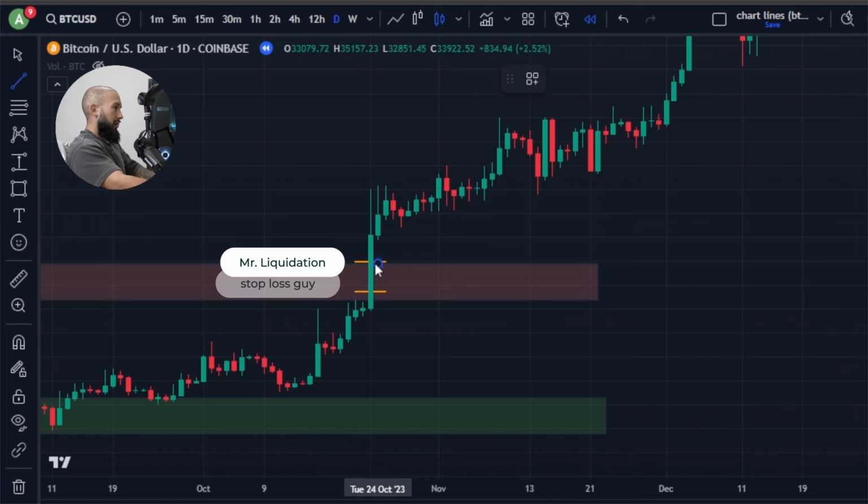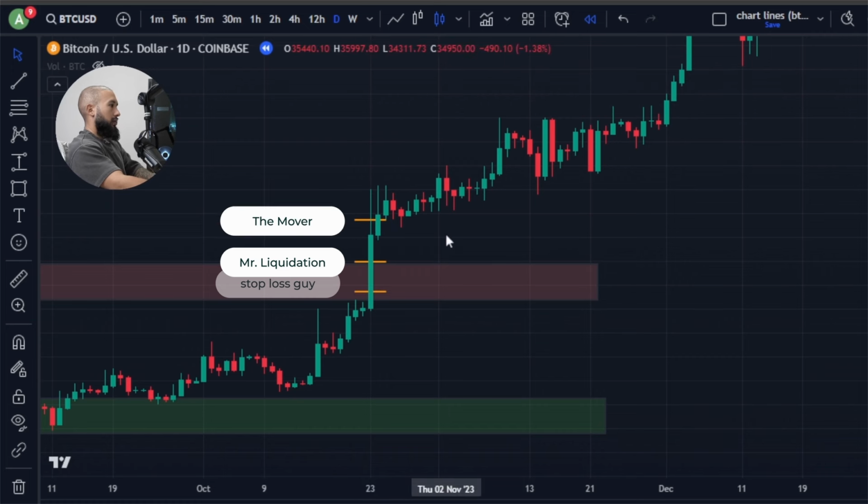And we're also going to have one more guy that we're going to refer to as the mover. So our third trader started out in the same scenario as this guy here that set a stop loss here. But as price rose and he got close to hitting his stop loss, he panicked and moved the stop loss, let's say here.